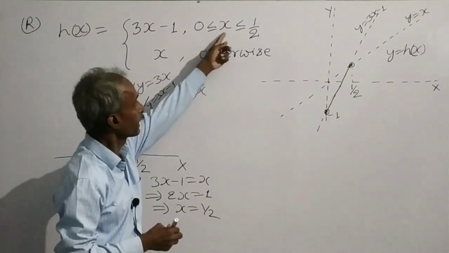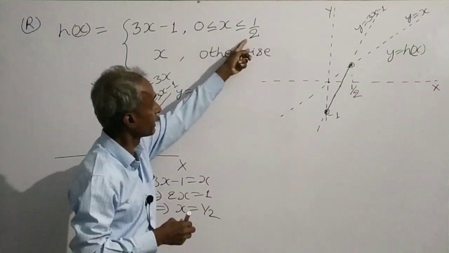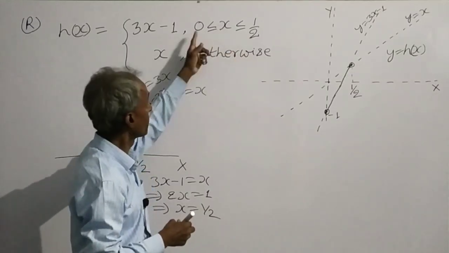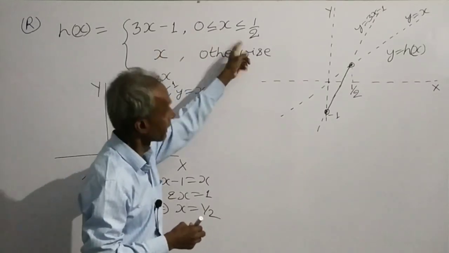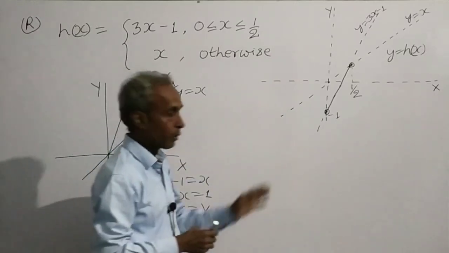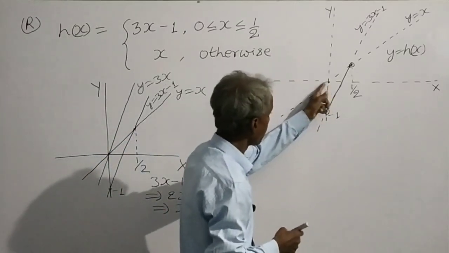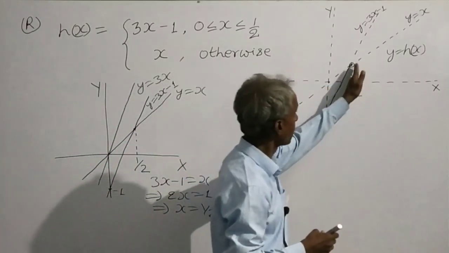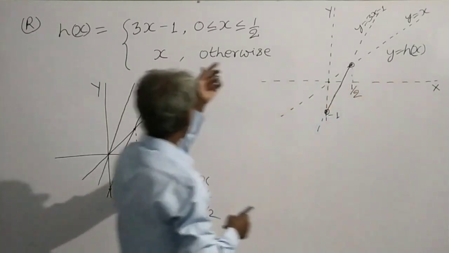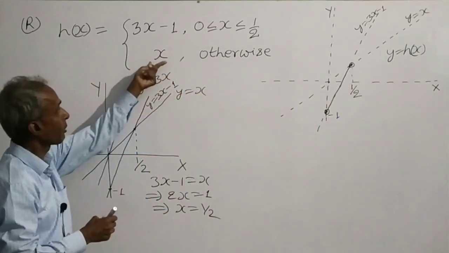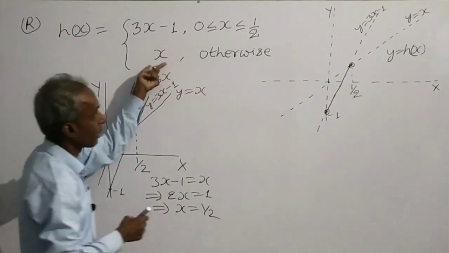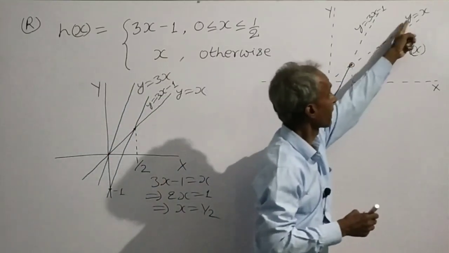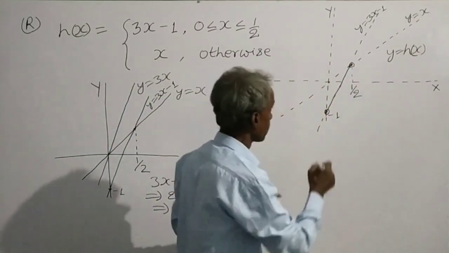And when x does not lie in this interval, either x is less than 0 or greater than 1/2, then we will take the part of the straight line y equals x.